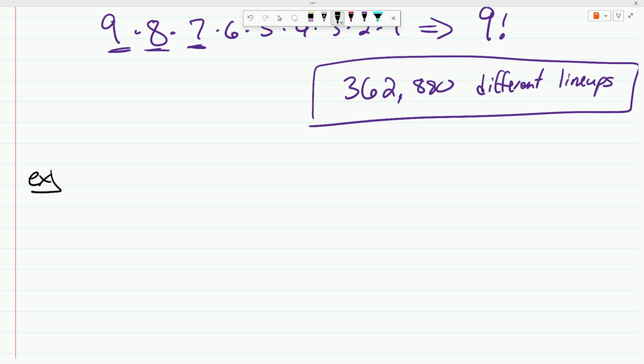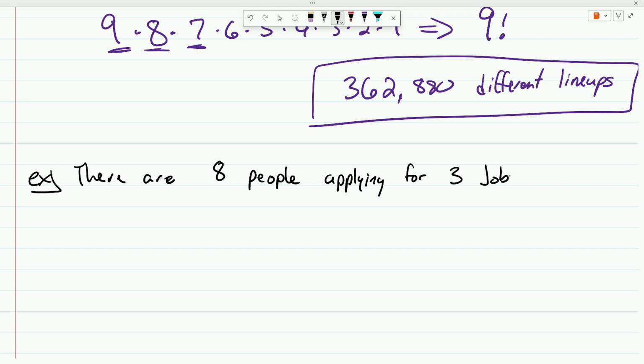So there are, let's say, 8 people applying for 3 jobs, or job positions.